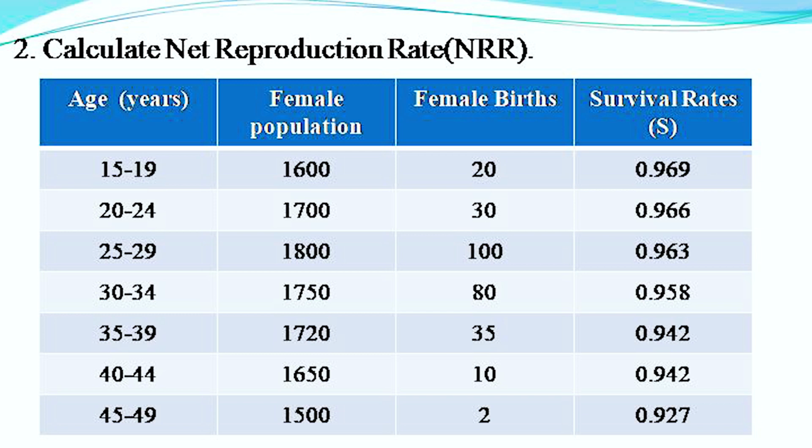The third column is female births: 20, 30, 100, 80, 35, 10 and 2. The last column is the survival rates, represented as capital S: 0.969, 0.966, 0.963, 0.958, 0.942, 0.942 and 0.927.